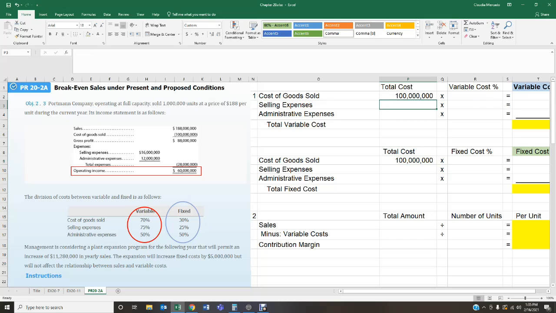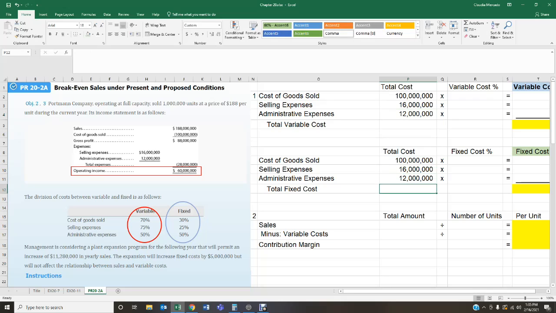So that's going to be 16 million for both. Okay? And then my admin expenses are provided here, and my admin expenses are 12 million. Okay. And that 12 million is going to apply for both.